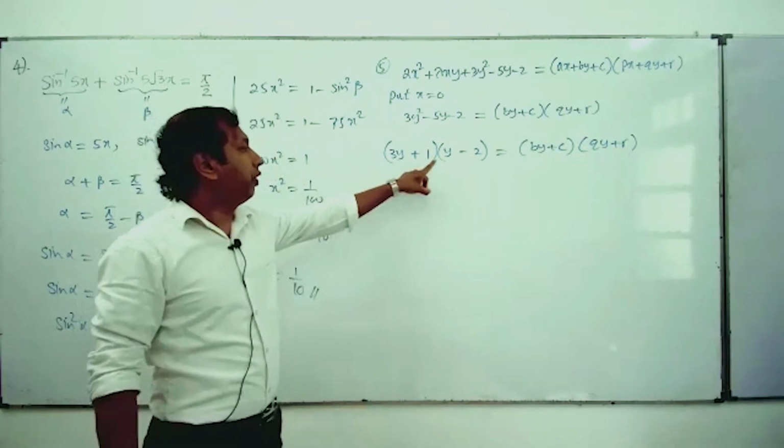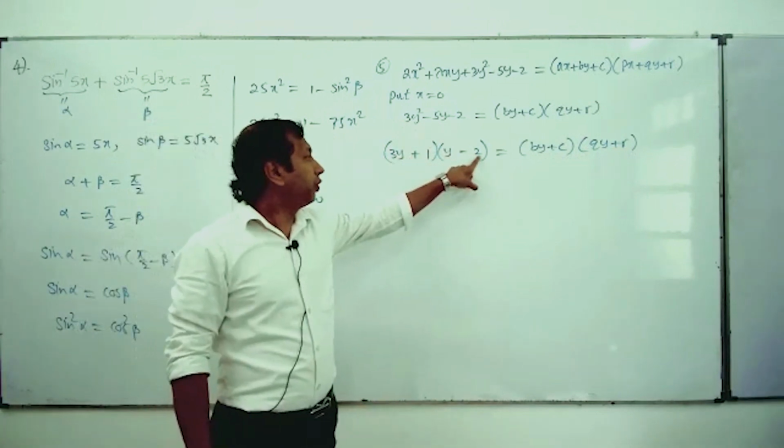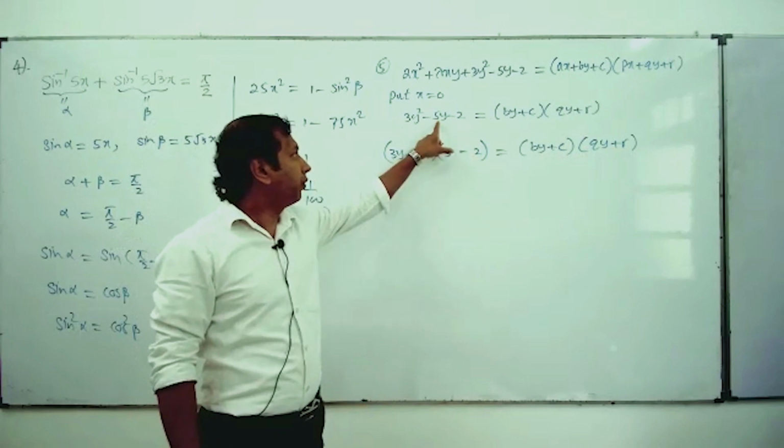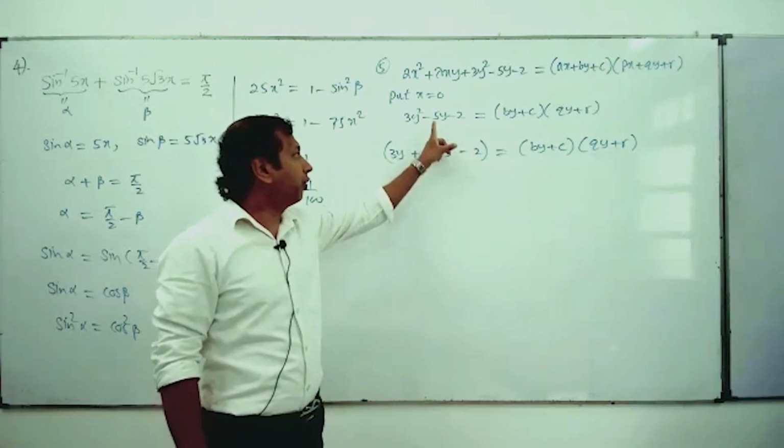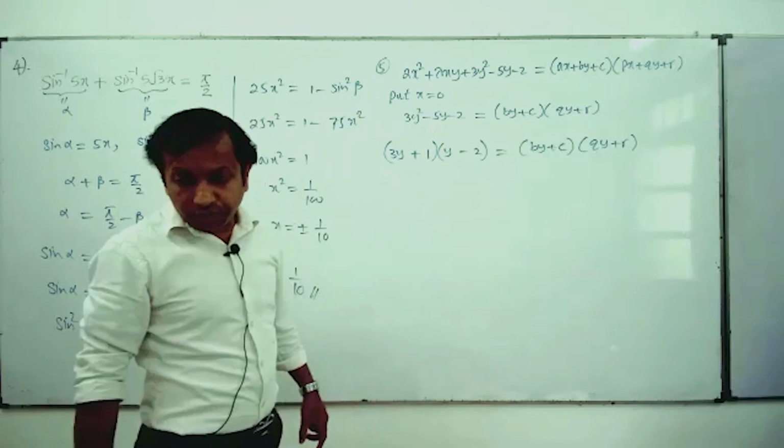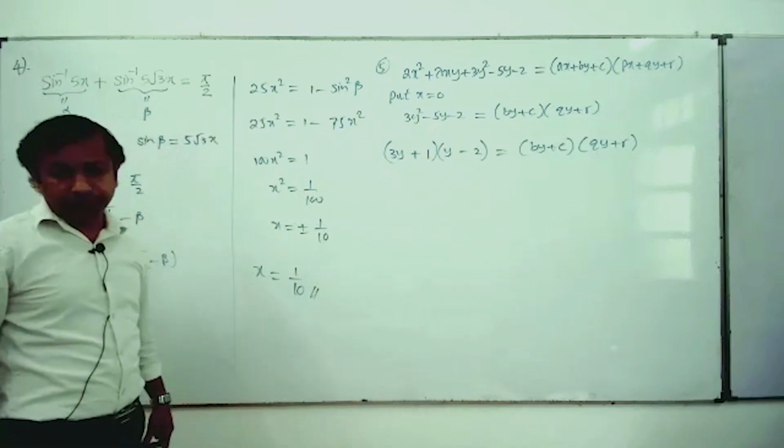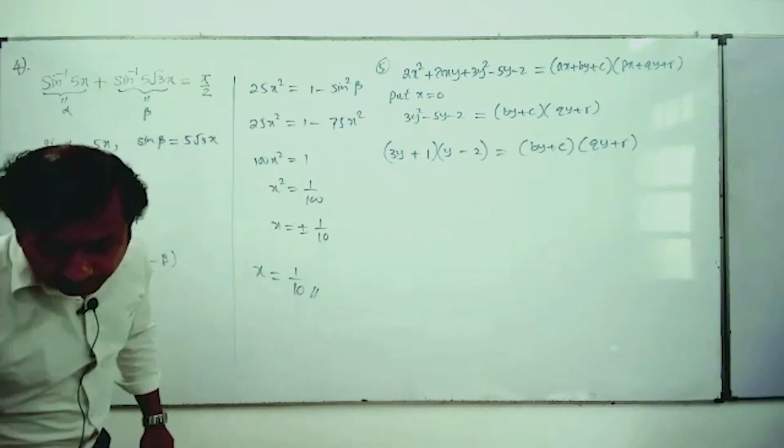Then we get 3y squared, 6y plus y, minus 5y, minus 6y plus y, minus 2. Then directly we compare both sides.